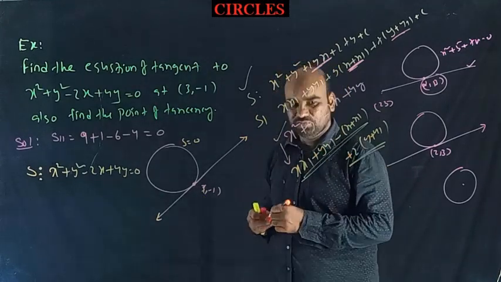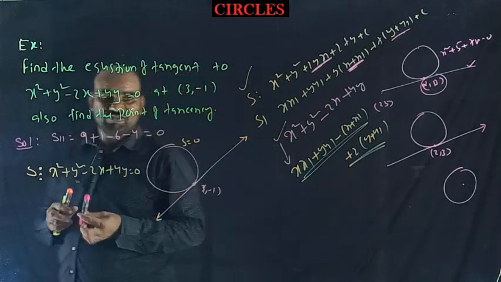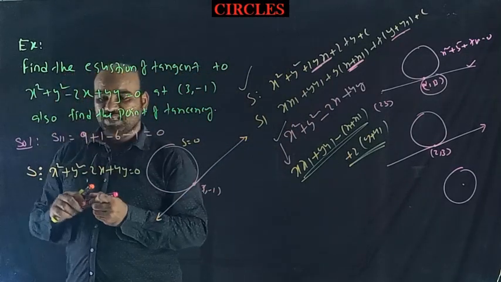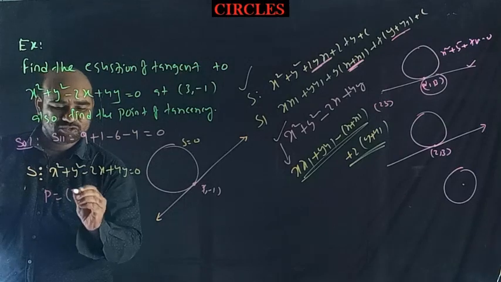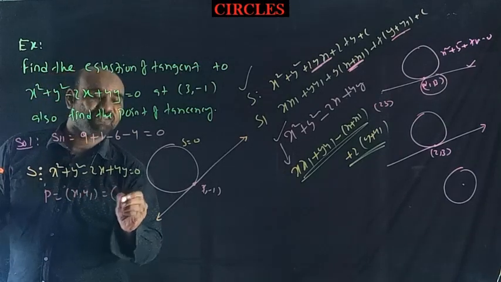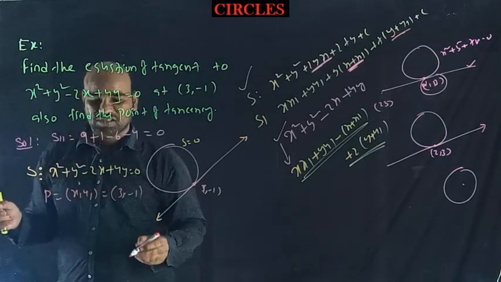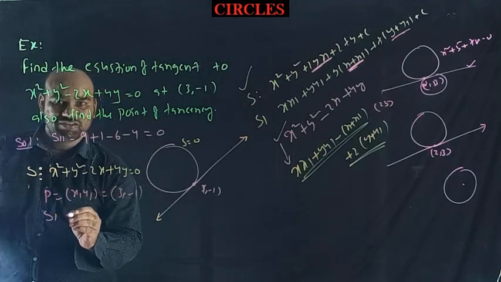So directly I want to find the equation of the tangent. Here what is the point? The point is x1, y1, that is nothing but 3, minus 1. Just S1 equal to 0 is the equation of the tangent.